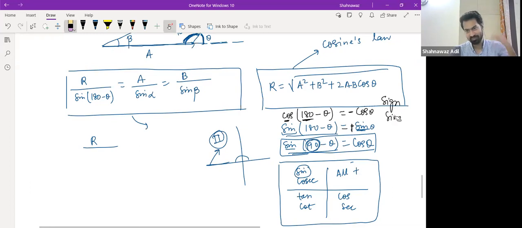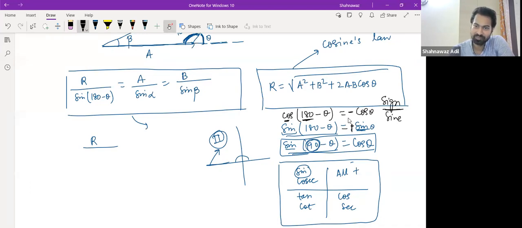So that is why you were getting confused. So this was the sign that I was asking. So the sign would be negative, right?